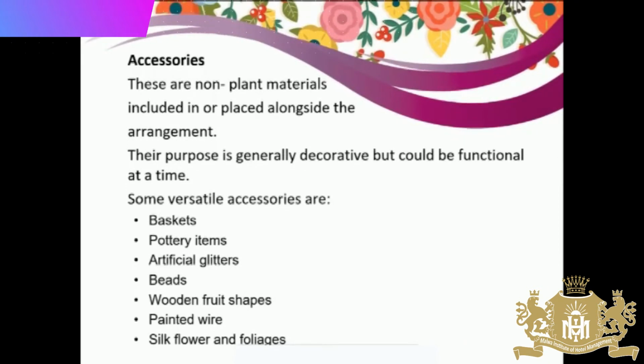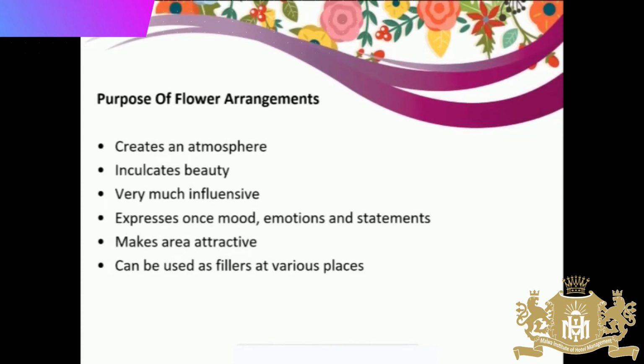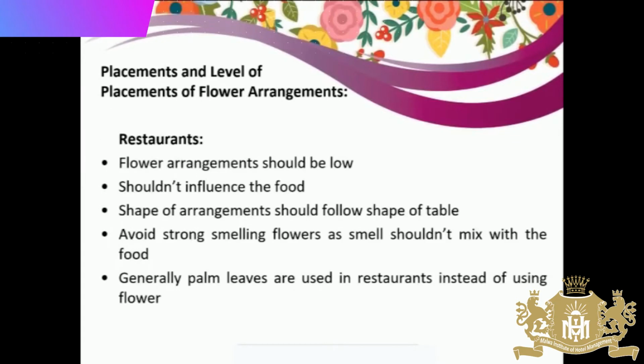Some are buckets, pottery items, artificial glitters, beads, wooden fruit shapes, painted wire, silk flowers and foliages, candles, driftwoods, shells, idols, bronze lamps, miniature dolls, hats, baby shoes, grain scoops, wooden shapes, ribbons, carved objects, tree barks, pebbles, etc. What are the various purposes of flower arrangements?